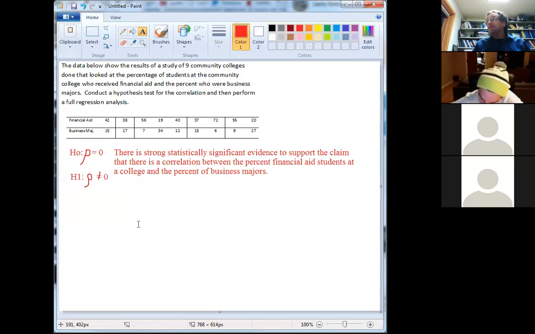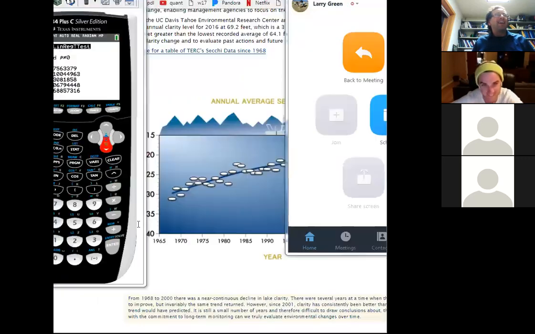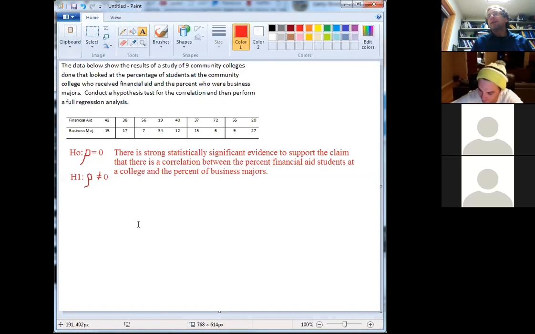I notice it was negative. Okay, so does that mean that if you start giving more financial aid, you're going to lose your business majors? What do you think? Yes or no? No, yeah, it does not mean that. And this is really important because that's a causative way of saying it.